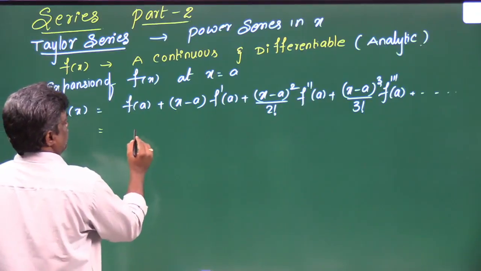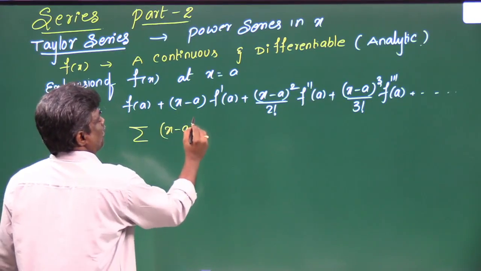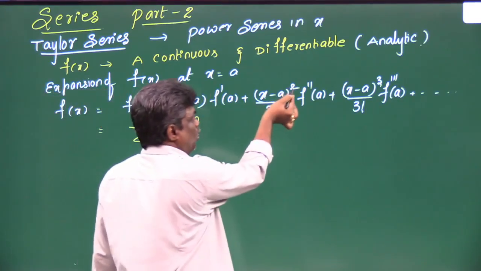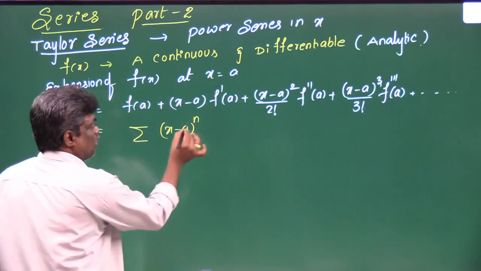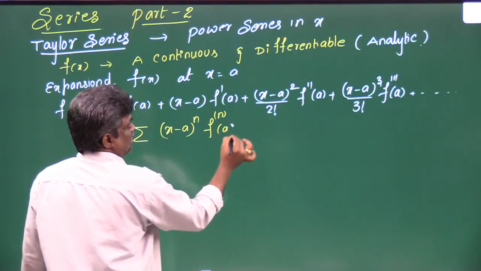Okay, so we can write this in the summation form. That is, summation of x minus a whole power n, because this is the whole power 1 and first derivative, whole square and second derivative, whole cube and third derivative. That's why whole power n, and nth derivative at x equal to a.